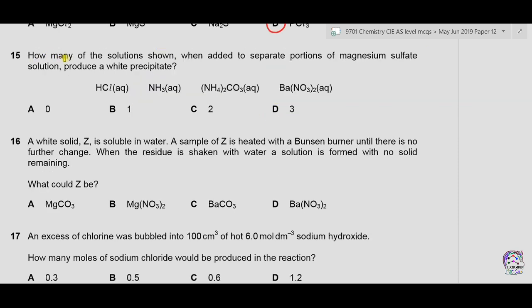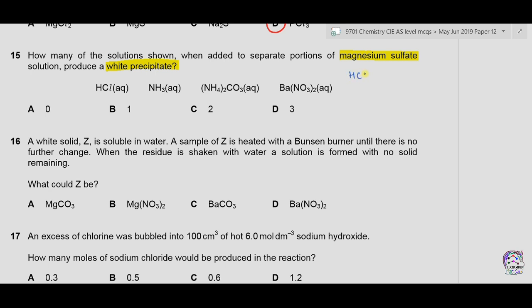Question number 15. How many of the solutions shown when added to separate portions of magnesium sulfate solution produce a white precipitate? So we have to find out the chemical reaction of all these 4 solutions with magnesium sulfate separately. Let's find out which one makes a precipitate. The first one is HCl.